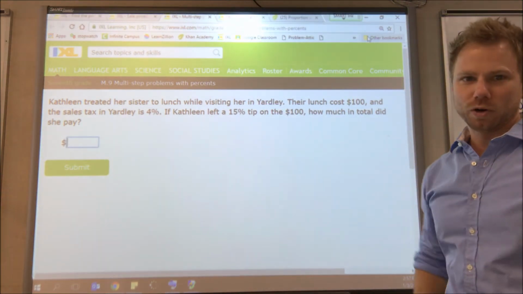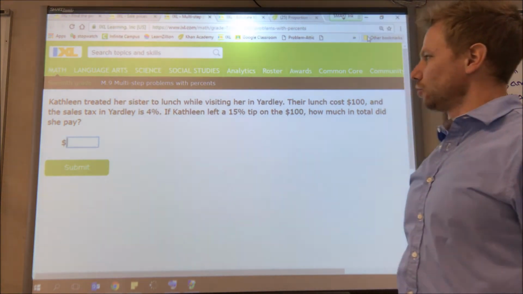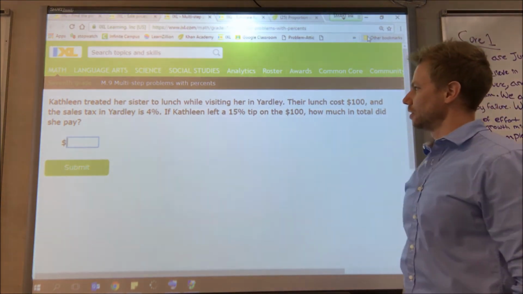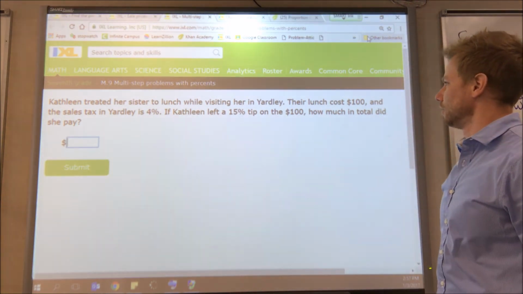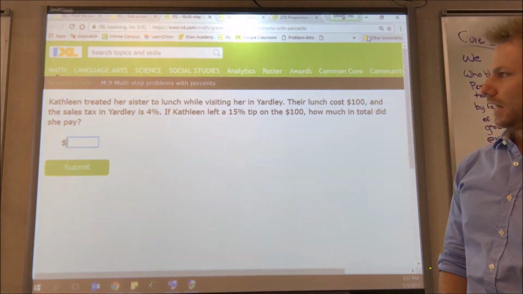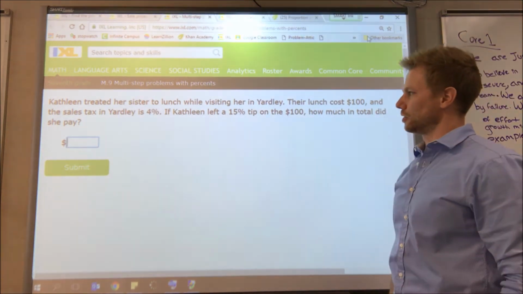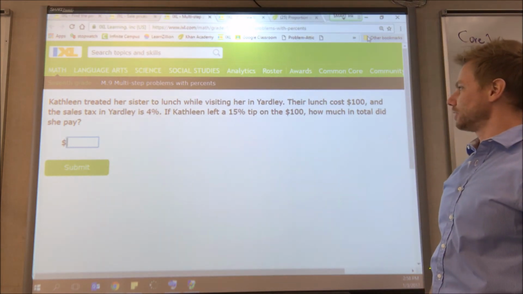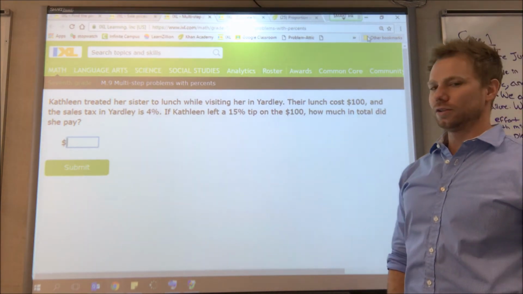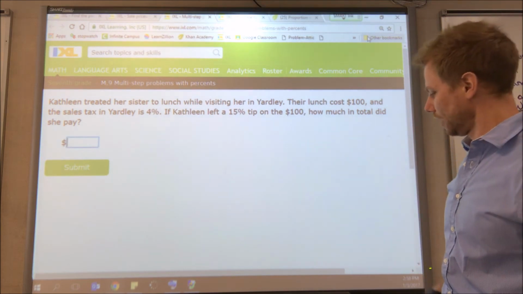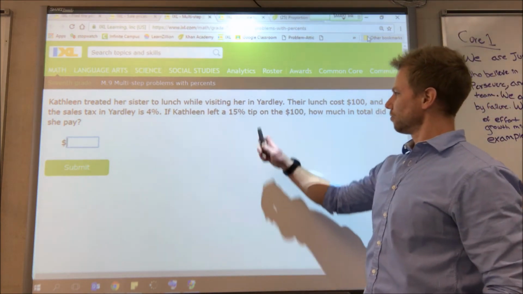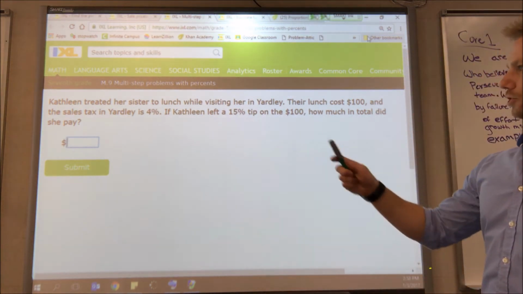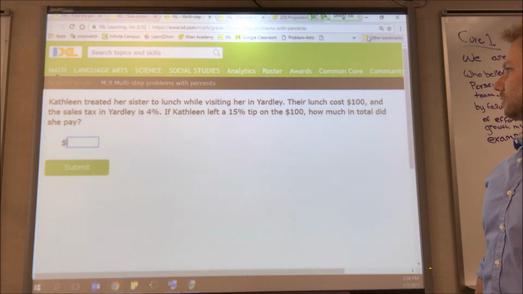All right, one more we'll do. Kathleen treated her sister to lunch while visiting her in Yardley. Their lunch cost $100, and the sales tax in Yardley is 4%. If Kathleen left a 15% tip on the $100, how much in total did she pay? Okay, we're gonna have one proportion for the tip and one proportion for the sales tax.